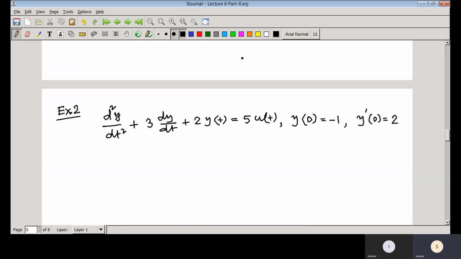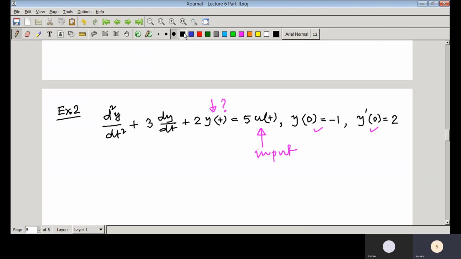So these two are the initial conditions, and this is the differential equation. So like first order systems, this is the forcing function or input, and you need to find what is the output, that response. So let us see how to solve.